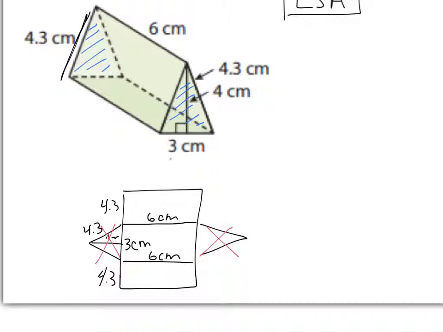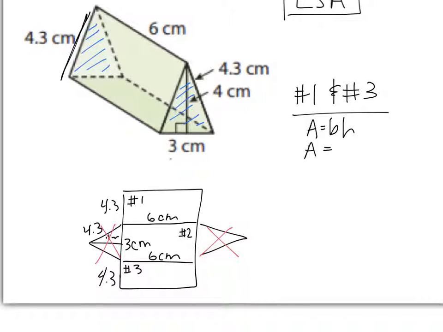You can number them if you want to. You can say this is rectangle number 1, rectangle number 2, rectangle number 3. Especially because they're different, you may want to label them. Rectangles number 1 and 3 are the same, so I'm going to solve those together right here. Area equals base times height.